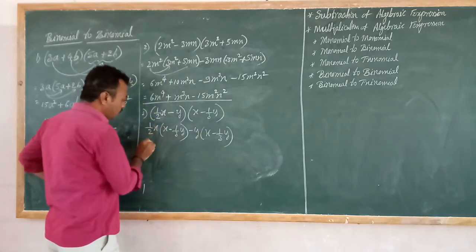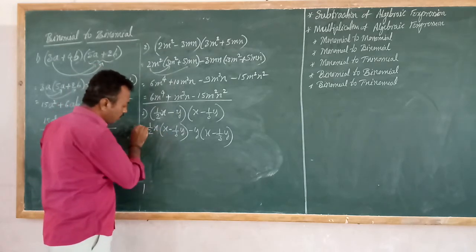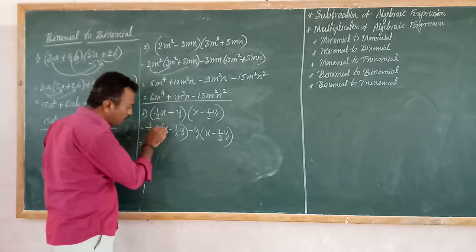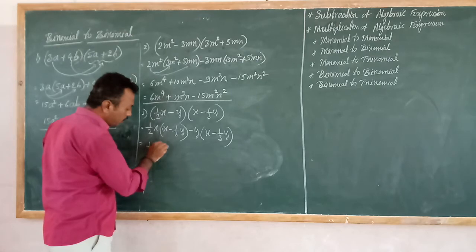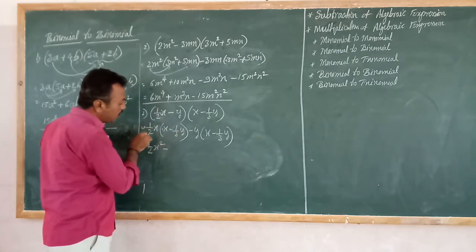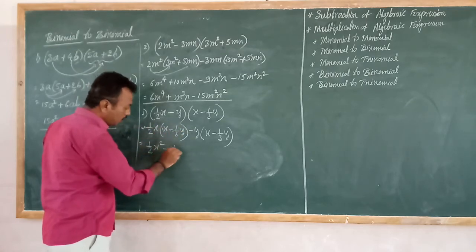Okay, next we should come to monomial to binomial. 1 by 2x into x. First we should multiply the numerical terms, nothing is there, so 1. 1 by 2 into 1, 1 by 2, x into x, x square. So minus is there, we should write only minus because here plus is there. So again 1 by 2 into 1 by 3, 1 into 1, 1, 2 3s are 6.